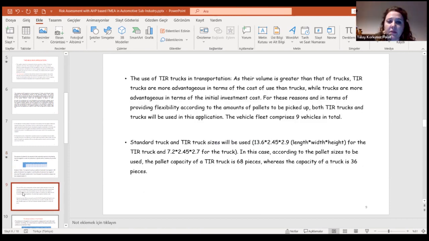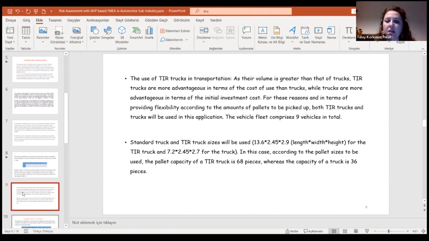The use of third trucks in transportation is advantageous, as their volume is greater than that of trucks. Third trucks are more advantageous in terms of the cost of use than trucks, while trucks are more advantageous in terms of the initial investment cost.